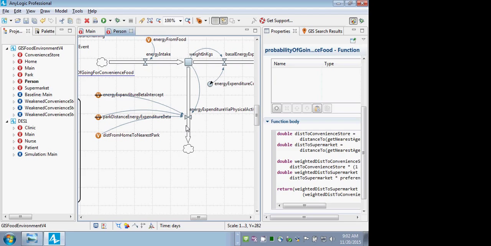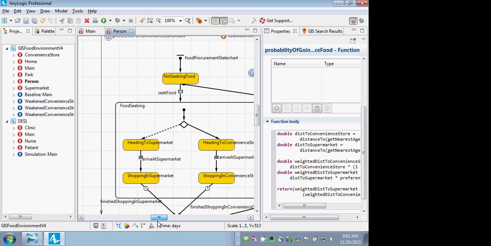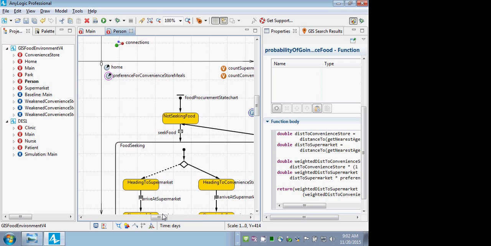At the end of the day, we did something that was new. We basically took a look at how a model like this could be used to capture interventions. And I noted that the most common way that we encode interventions in AnyLogic is with changed parameters.